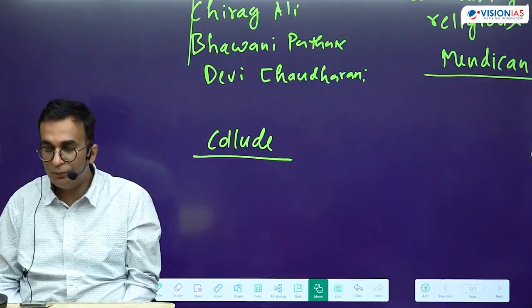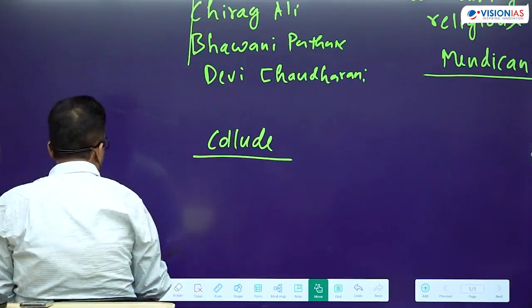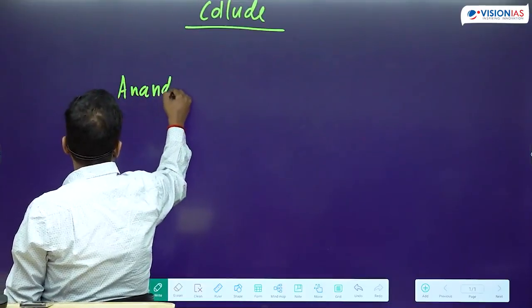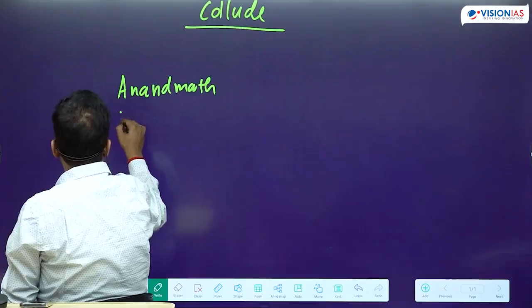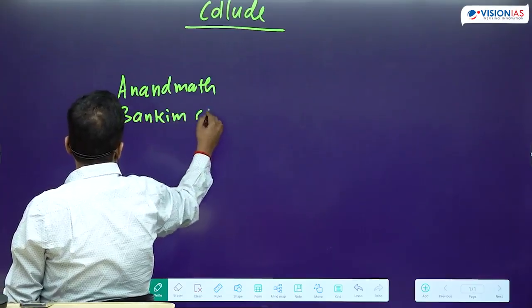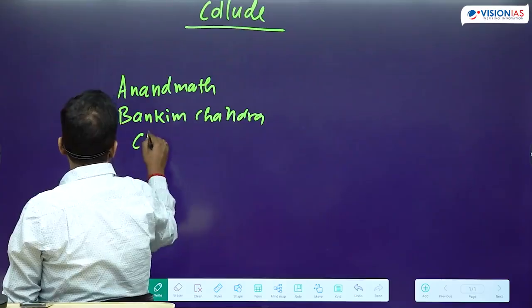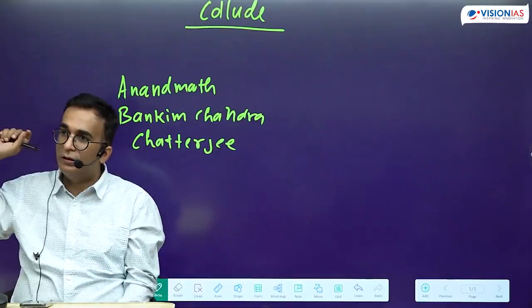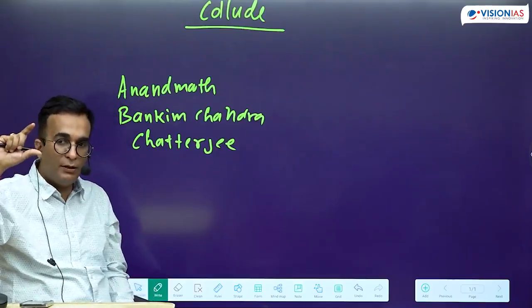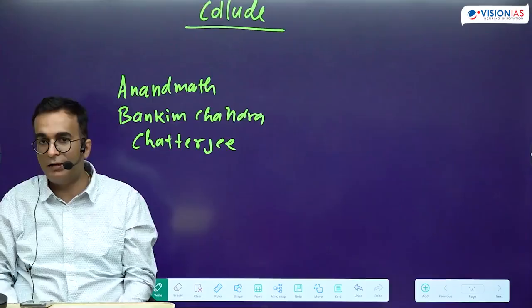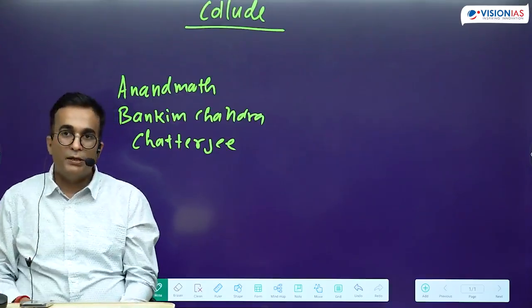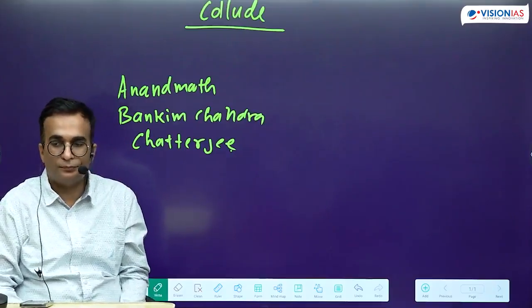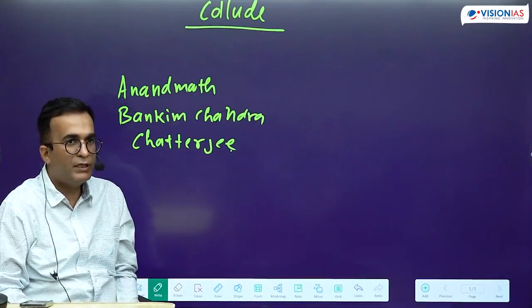Then a paragraph change, and then you mention: later a novel Anand Mat was written by Bankim Chandra Chatterjee, or Chattopadhyay, whichever title you can write, which was based on the background of the Sannyasi Fakir uprising.